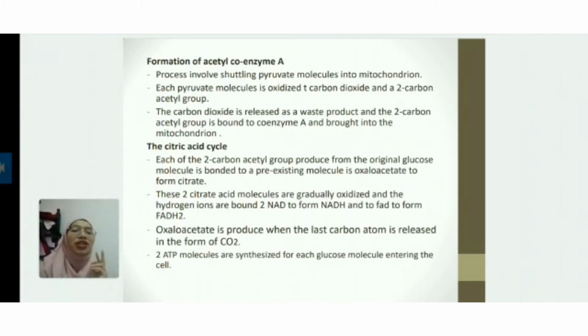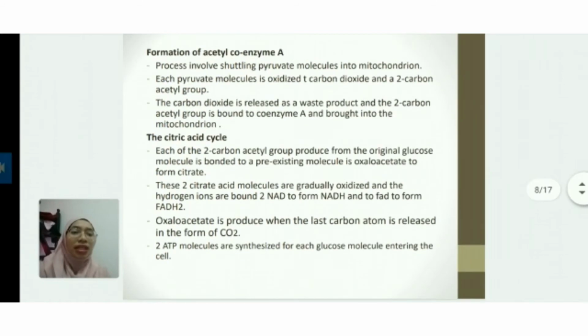Each 2-carbon acetyl group produced from the original glucose molecule is bonded to a pre-existing molecule, oxaloacetate, to form citrate.